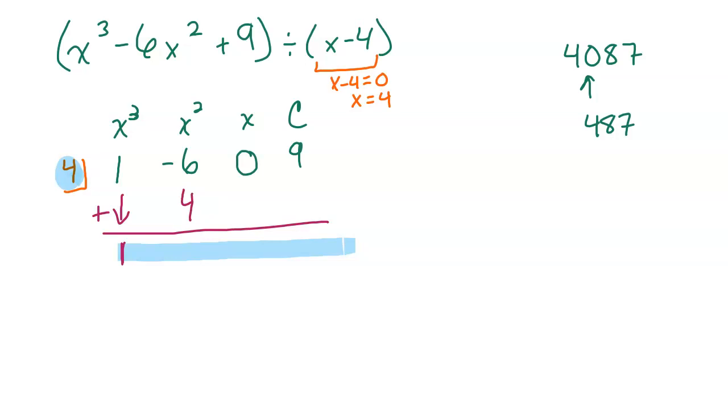Negative 6 plus 4 gives me a negative 2. Negative 2 times 4 is a negative 8. 0 plus a negative 8 is a negative 8. 4 times negative 8 is a negative 32. 9 plus a negative 32 is a negative 23. I box this off. Here's my remainder.